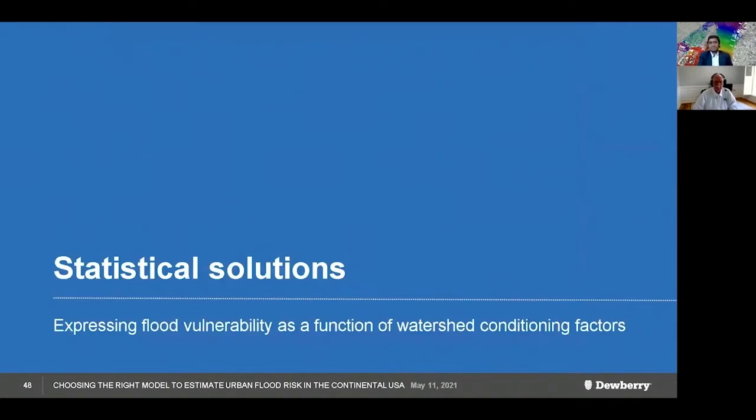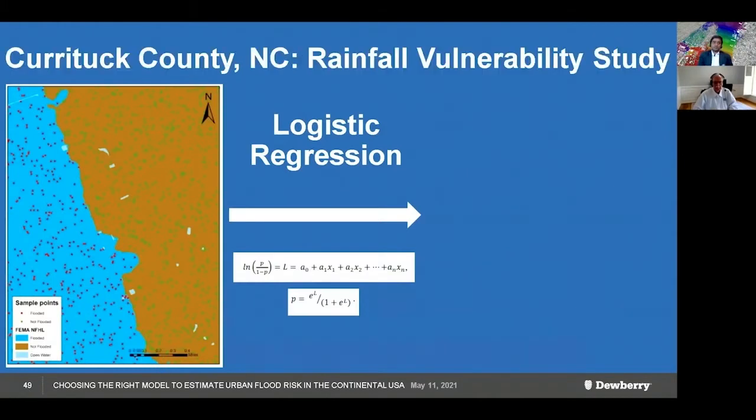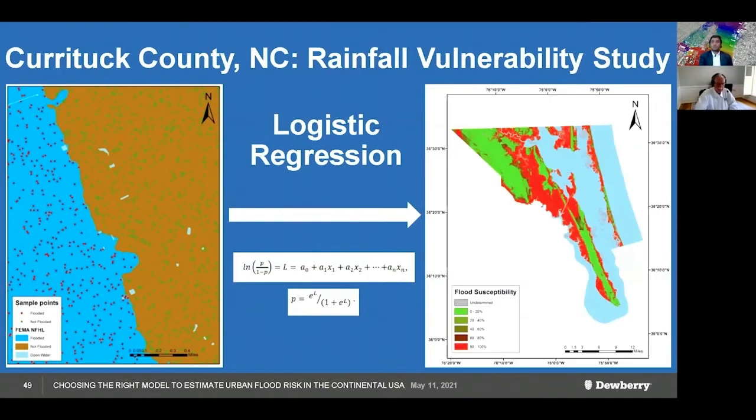Some of the statistical solutions would involve expressing flood vulnerability as a function of watershed conditioning factors. An interesting example is the application in Currituck County, the rainfall vulnerability study. We trained the model using point data available for flooded, not flooded, and developed a logistic regression analysis, which resulted in flood susceptibility as a percentage.